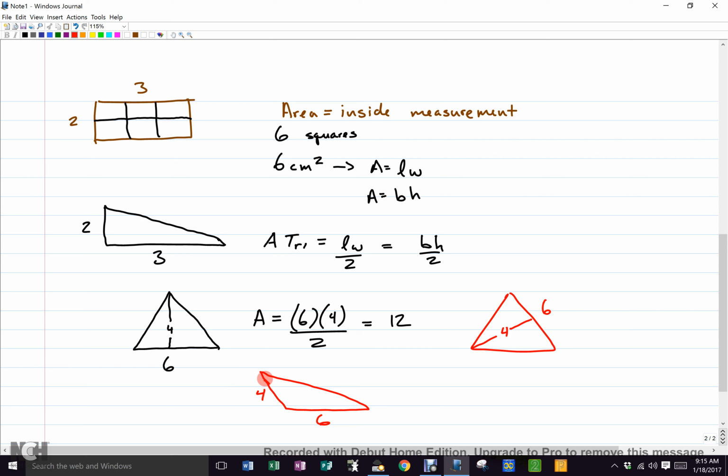I told you that side was 4, and this side was 6. Why? Because base and height aren't positions, are they? They're just names that we give to the sides. Understand? Can everybody handle triangles? Base doesn't have to be the bottom. Is everybody cool? Everyone is good?